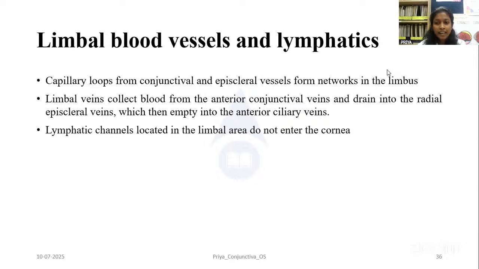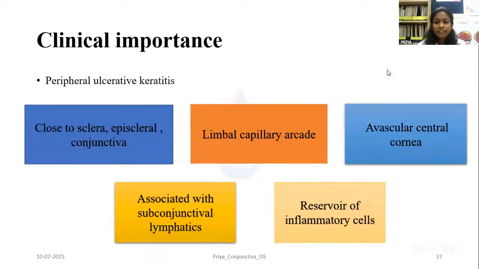Any damage there can lead to corneal opacity. Clinical importance. Limbal integrity is critical. Loss of limbal stem cells can result in conjunctivalization of the cornea, seen in chemical injuries and chronic inflammation.